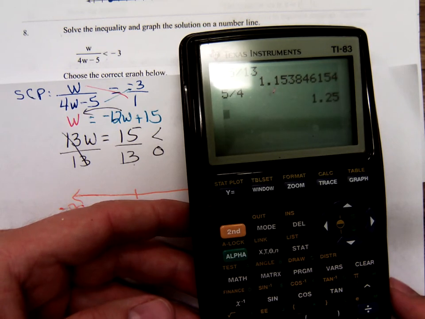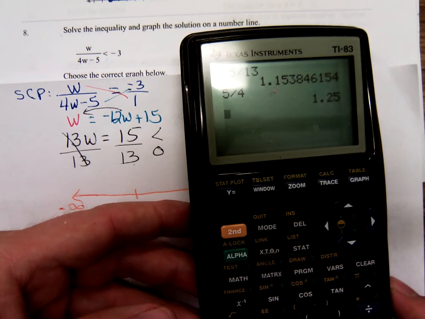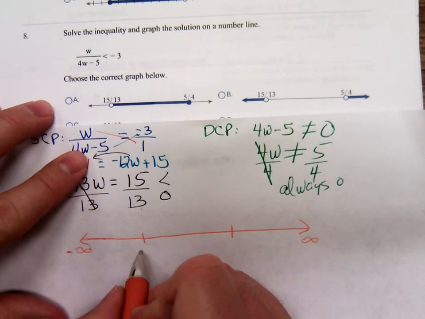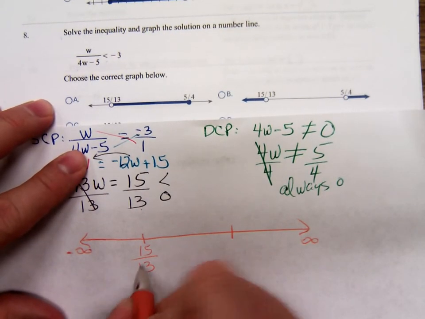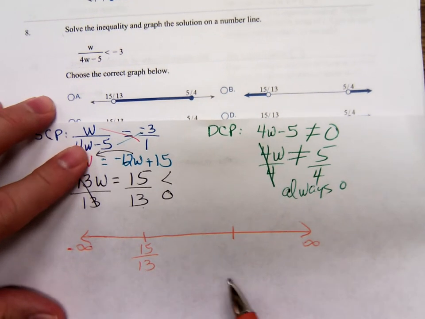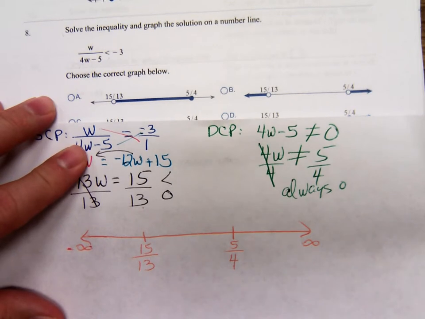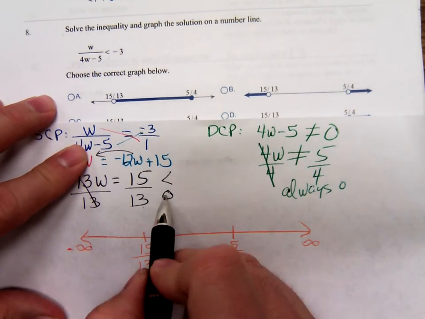So the 1.15 is smaller than 1.25. That's why the 15 over 13 is to the left of the 5 over 4. It just dawned on me, this orange is hard to see, isn't it? Now both of these should have open circles.